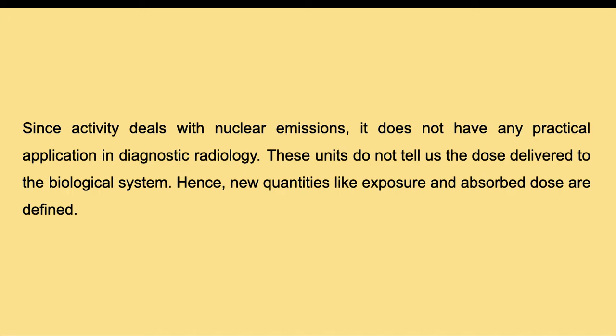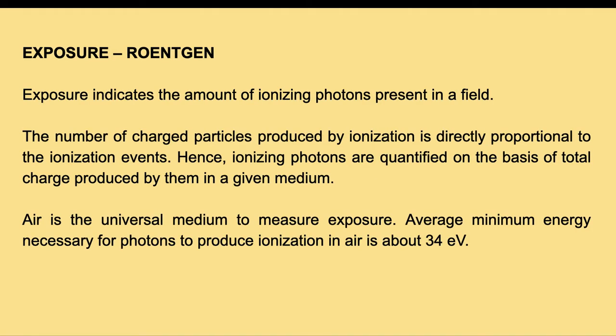So this is regarding the source we are defining, but we have to define the quantities regarding the target. That is why we are introducing these new units. So the first unit, or the exposure, was the first quantity, and exposure indicates the amount of ionizing photons present in a field.